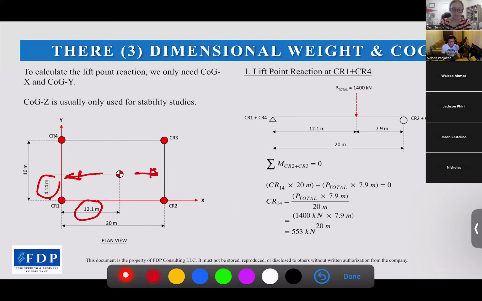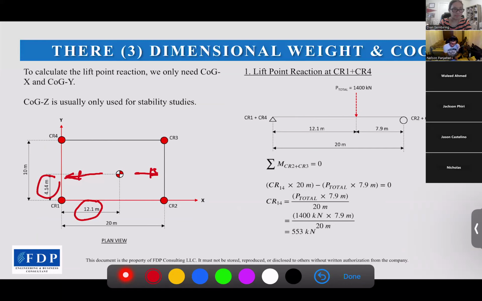For a structure, we should introduce the deflection and elasticity to get the lifting point reaction correctly. So just remind that this only works for rigid structures.